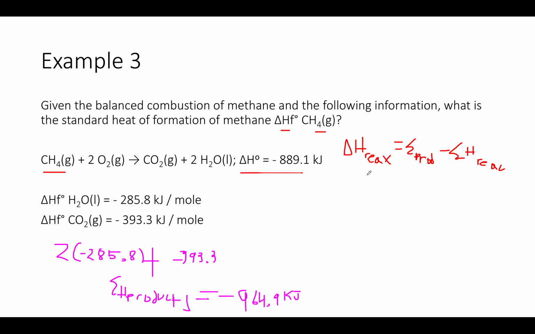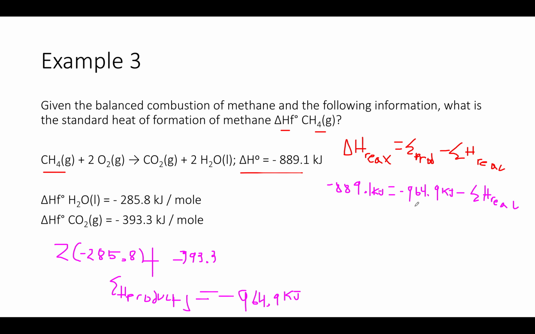So now let's plug in what we know. We know the total heat of the reaction is negative 889.1 kilojoules. And we know that equals the sum of the heat of our products, and that's negative 964.9 kilojoules, minus the heat of our reactants, which is methane, and that's what we're solving for.